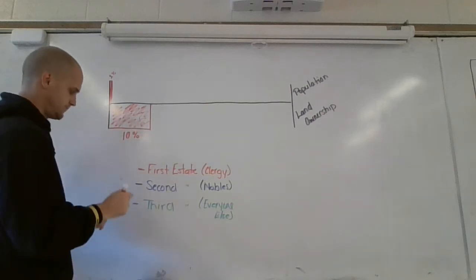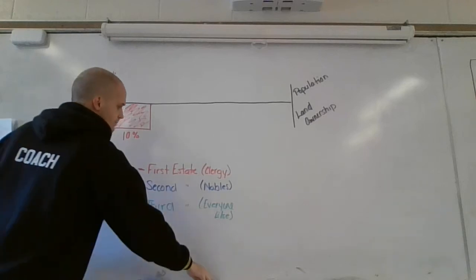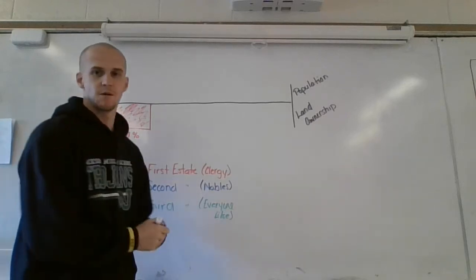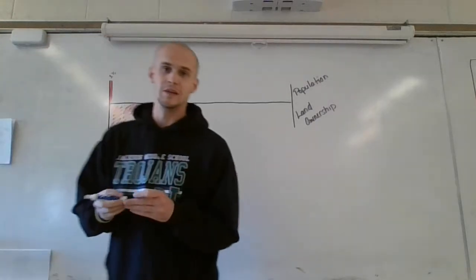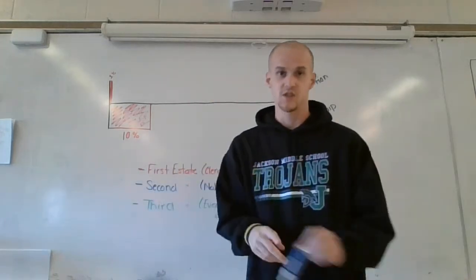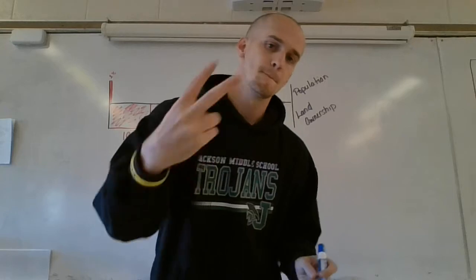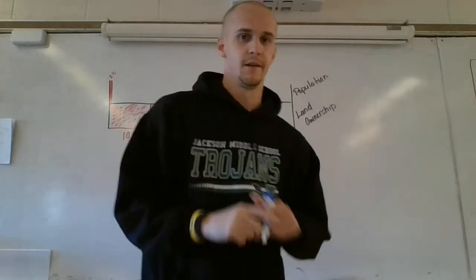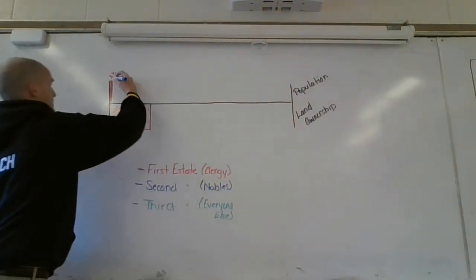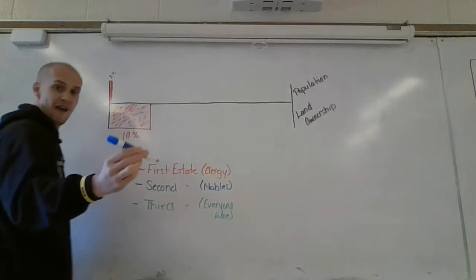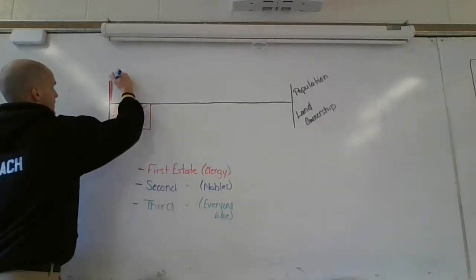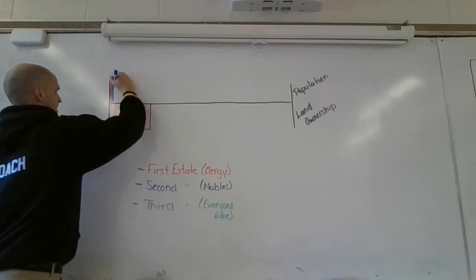So we move on to the second estate, the nobles, the rich people. Now, this group is larger than the Catholic Church, so much so that they double the first estate. They make up 2% of France. So again, in what I have blue for the second estate, we draw what we estimate 2% to be.